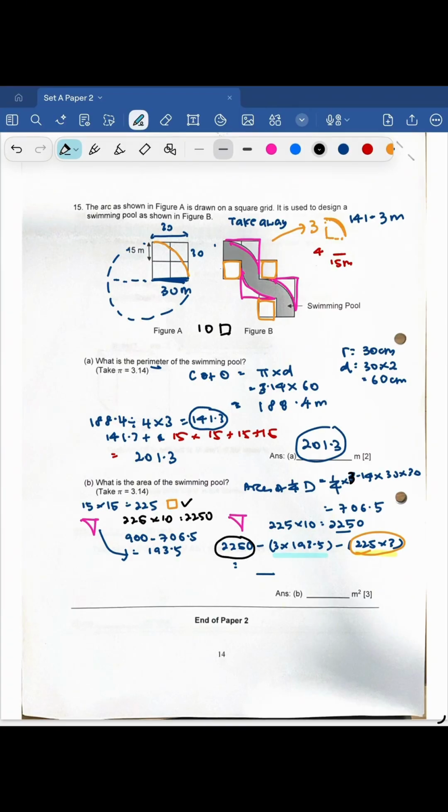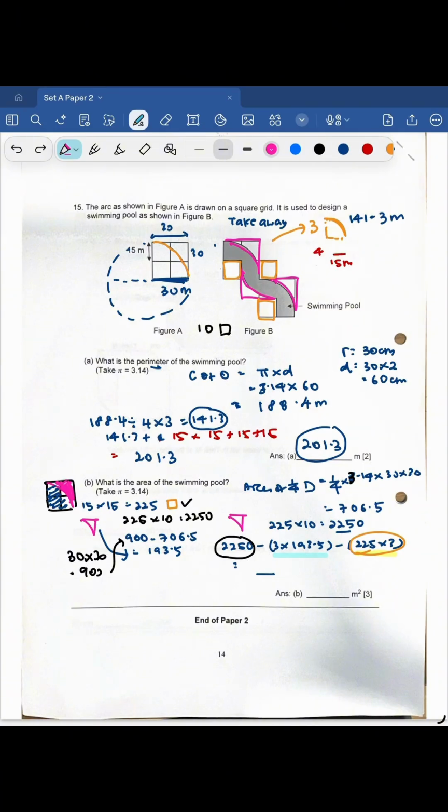But I would like to find the boomerang. That's why I took 30 times 30 to give me 900. And after that, what I mean is this one, this small little square here. I have the small little square of 900. Then after that, I take away the area of the quadrant to get the area of the boomerang.